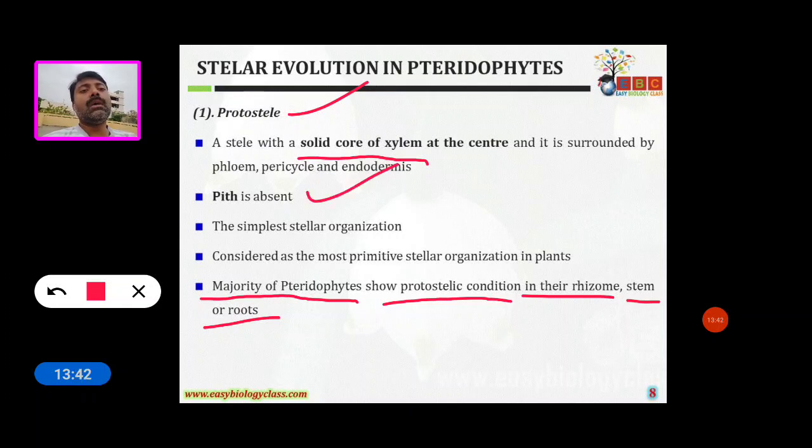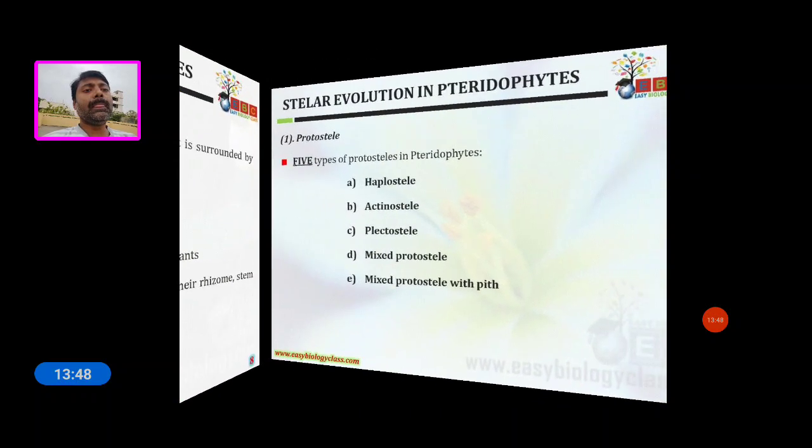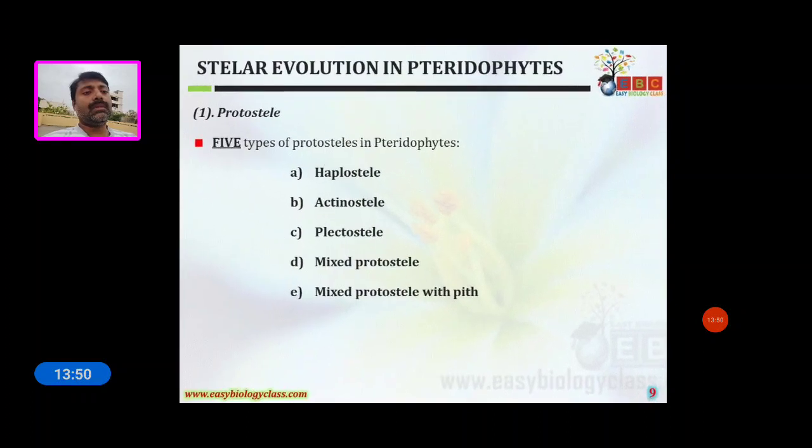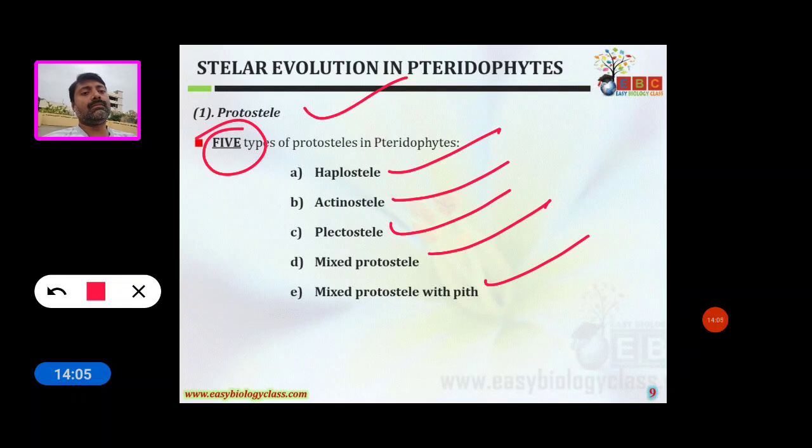These are the main key points. Now let's see the next stele, the protostele, which is again classified into five types: haplostele, actinostele, plectostele, mixed protostele, and mixed protostele with pith.